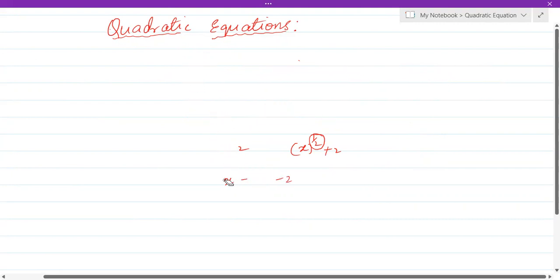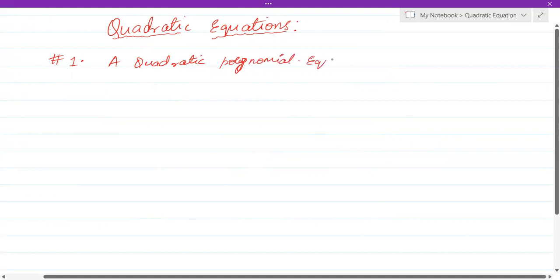The basic one that I can write here is a quadratic polynomial equated to 0. What is a quadratic equation? Definition 1: a quadratic polynomial equated to 0.